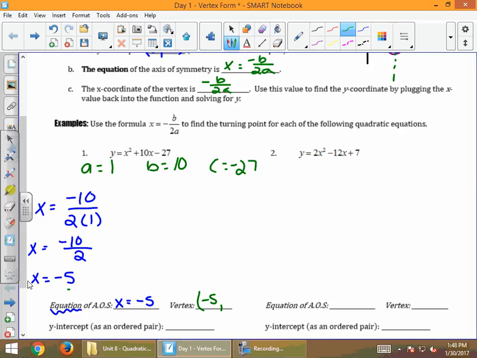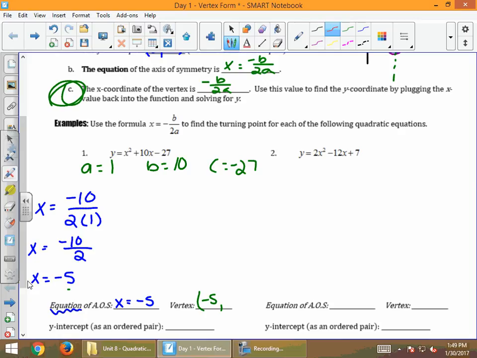What do we have to do to find the y value? Well, we know the x value of our vertex is negative b over 2a. Rodrigo, what do you have to do to find the y value? No, that's our y-intercept. What does it say right here? What do we do with the y value? Grace? Good. We have to plug that value back in.